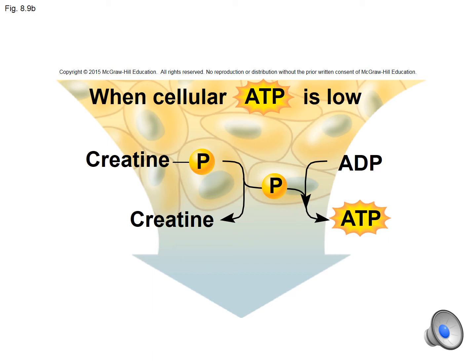The way it does that is the creatine phosphate breaks off its P and gives the P to ADP, so that ADP turns into ATP. And again, when we're not exercising, the body will do the reverse process that we just saw in the previous slide to restore the creatine phosphate stores so that we have it when we need it.